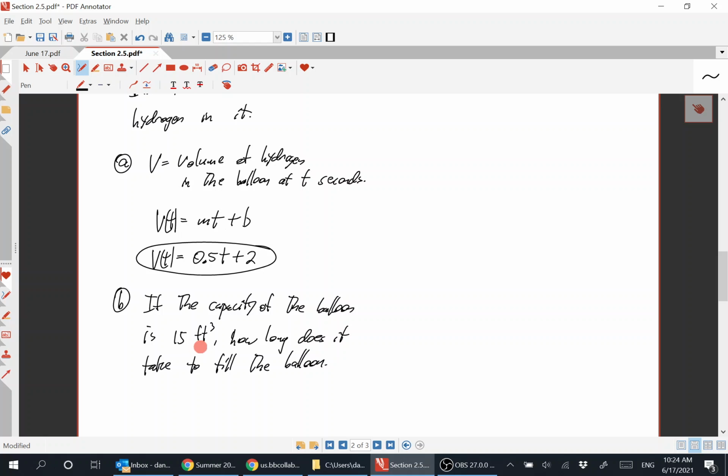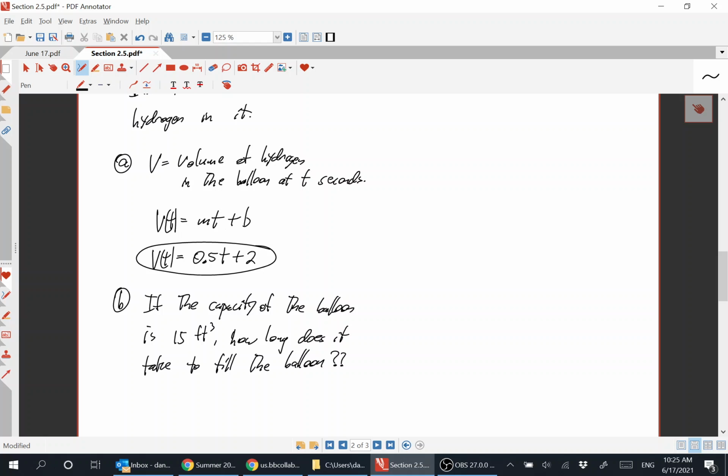So they're telling you that they want to know when you get a volume of 15. Right? Why volume? Because it says units of volume, feet cubed. So the capacity of the balloon in volume is 15. How long does it take to fill the balloon? So what are they asking for? How long?